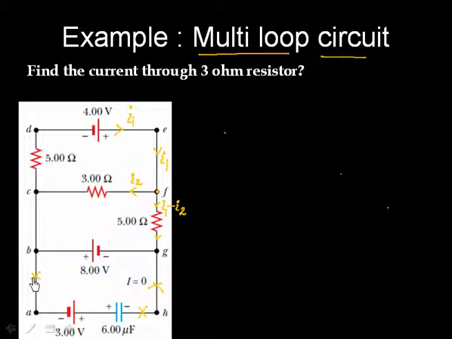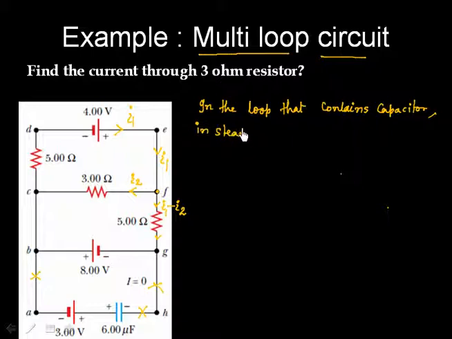So in the loop that contains a capacitor, in a steady state, there will be no current.